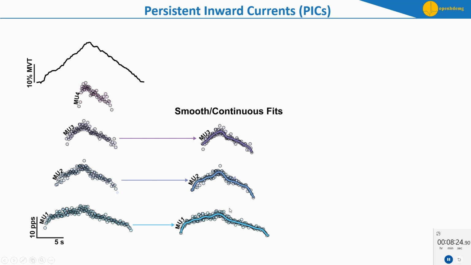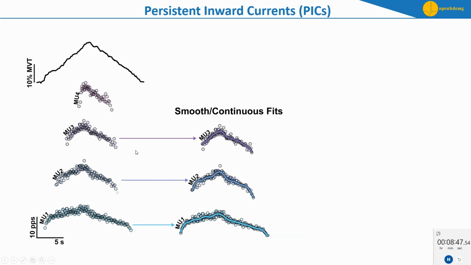There are various approaches to create these smooth estimates, lots of alternatives. What we suggest and what we've implemented in the openhdemg framework is support vector regression, or SVR. If you're interested in any of the alternatives, reach out or get on the discussion board, and I'd be happy to talk at length about why we chose this. But that is what we chose.